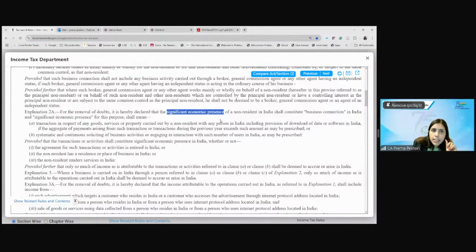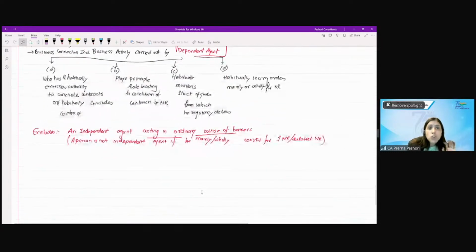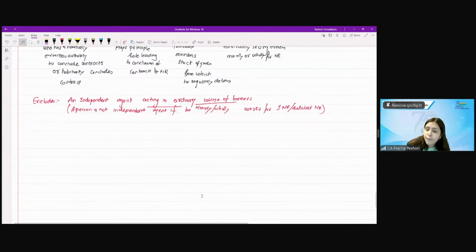Here the lawmakers realized that the definition of permanent establishment and business connection is now outdated, because all of these require having some amount of physical presence in the source country, which is not possible in the digital world. And therefore the OECD introduced this concept of significant economic presence, which constitutes business connection now.